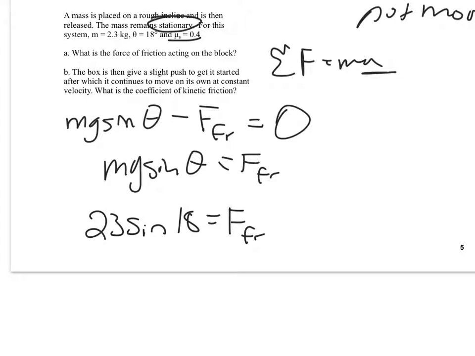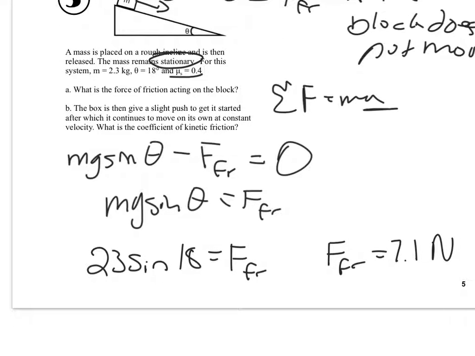So 23 times the sine of 18 is going to get me 7.1 as my force of friction. 7.1 newtons. Now, had you gone and found the maximum, it would have been greater than that.